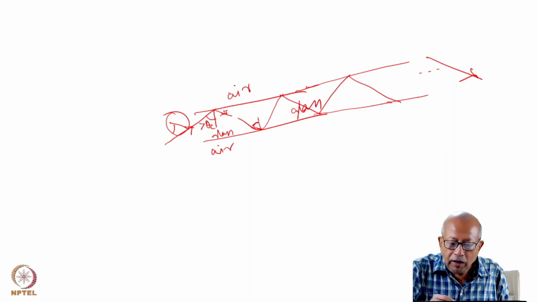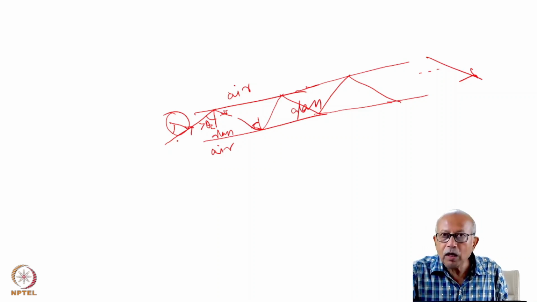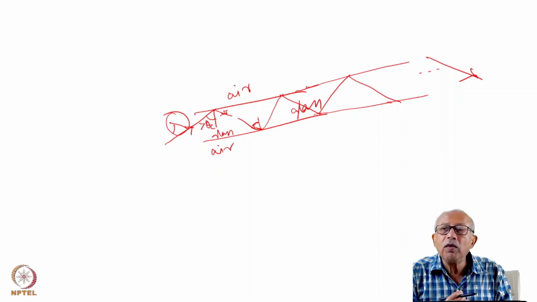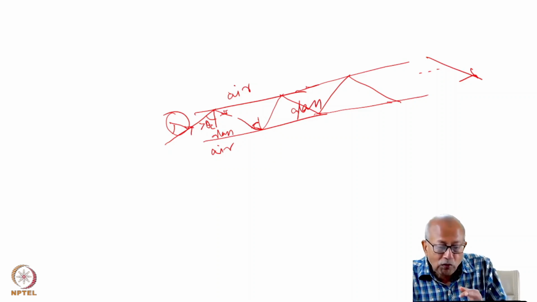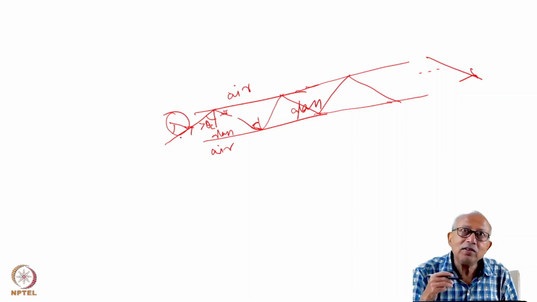So light actually travels from one end of the fiber to the other. And this length of the fiber can be enormous, hundreds of kilometers.